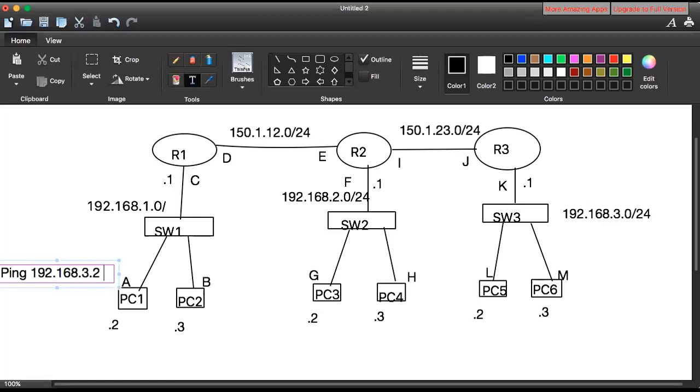Once you hit enter, what exactly happens over here in PC1? You got my point, right? What exactly happens over here in PC1? Anyone in this group, basically.